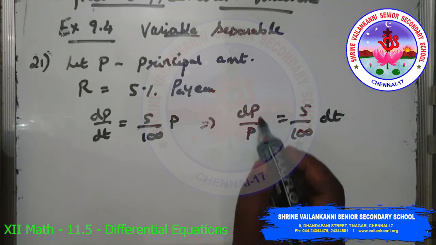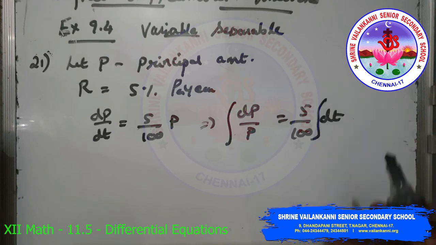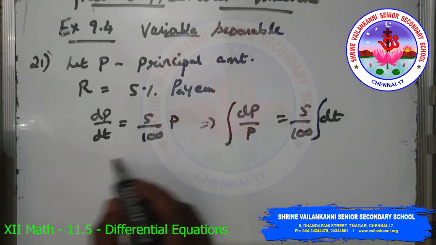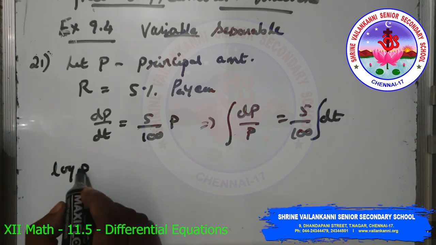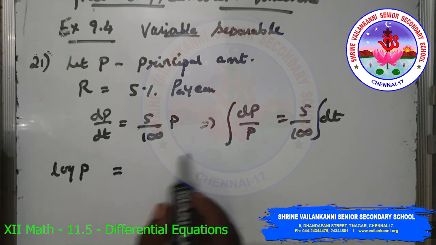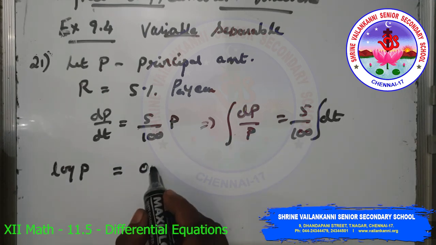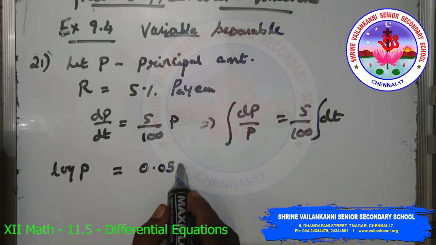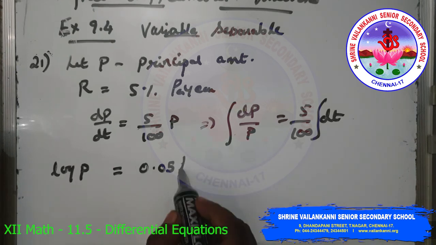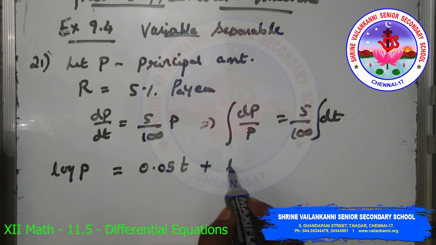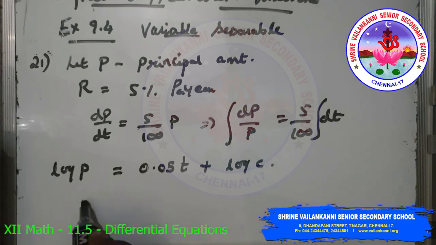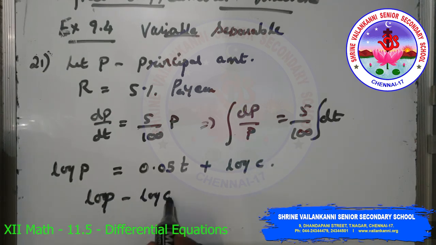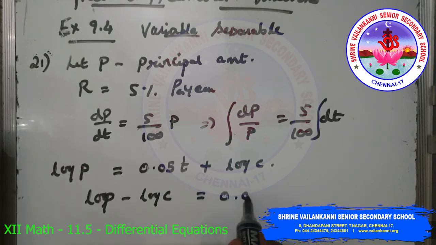Integrating both sides, the integral of dP by P is log P, which is equal to 5 by 100, we can take 0.05, into the integral of dt, which is t plus log c. So log P minus log c equals 0.05 t.